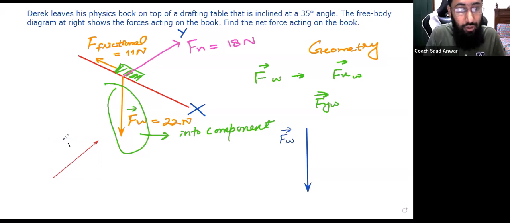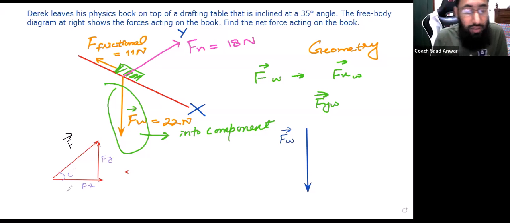Say this vector is F, and I need to resolve this vector into its component along the x-axis, which is this one, and its component along the y-axis, which should be this one. So this component is Fy, this is Fx. Here I have chosen the angle theta.